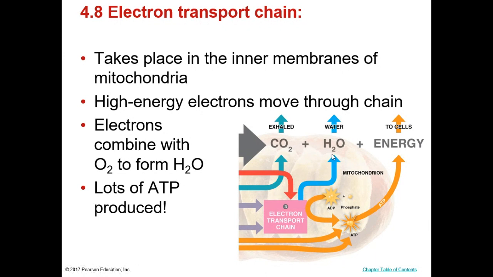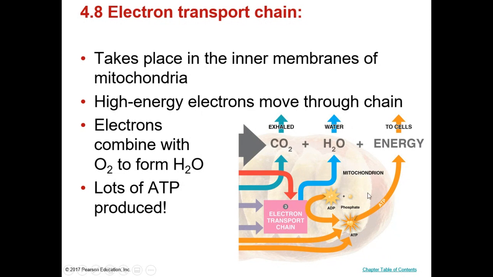Last but not least, the formula for the electron transport chain can be said to be NADH plus FADH2 plus oxygen giving off ATP plus water, because that's what oxygen is used for, to be the last electron acceptor for the electron transport chain.